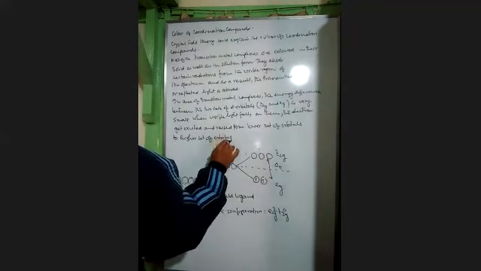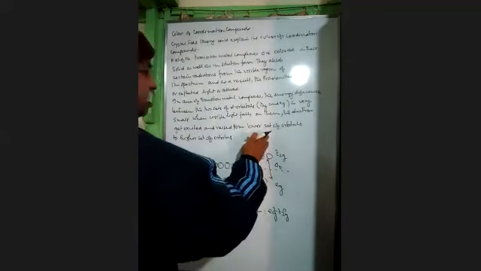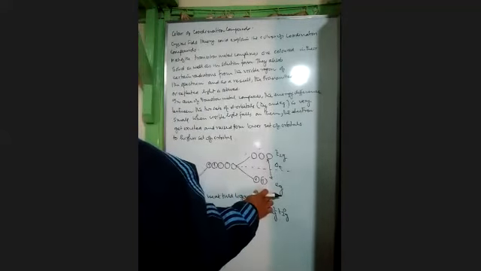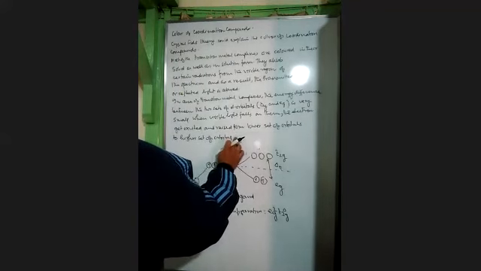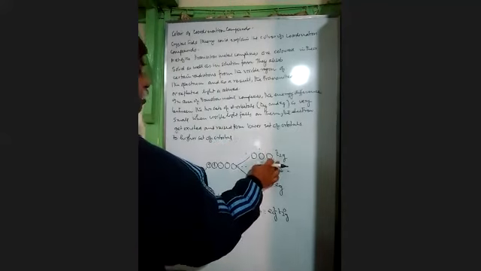See here, in case of octahedral complexes, the lower set is T2g. In case of tetrahedral, it is Eg. To the higher set of orbitals, in case of octahedral complexes, it is Eg. And for tetrahedral complexes it is T2g. See here.